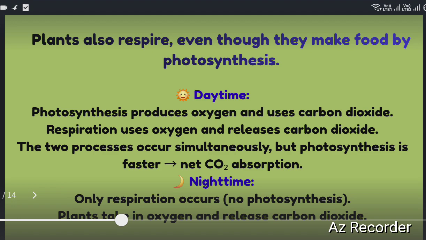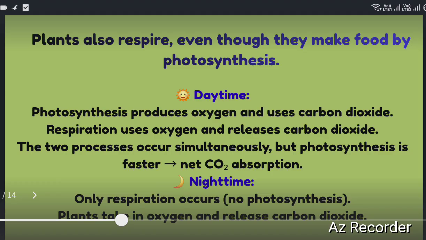Energy is released in each cell's mitochondria, in the form of ATP, as we discussed in the previous videos.